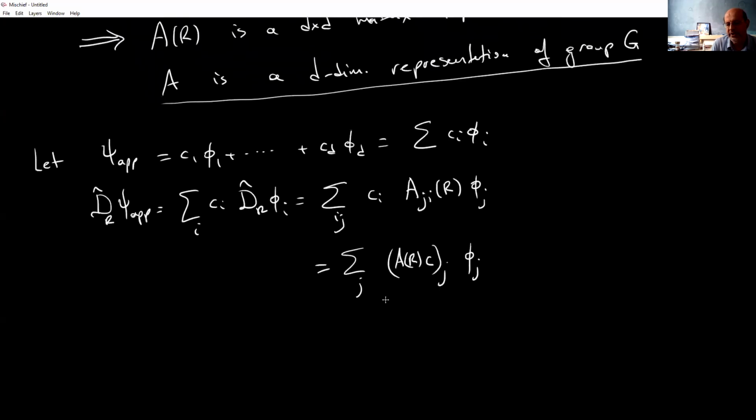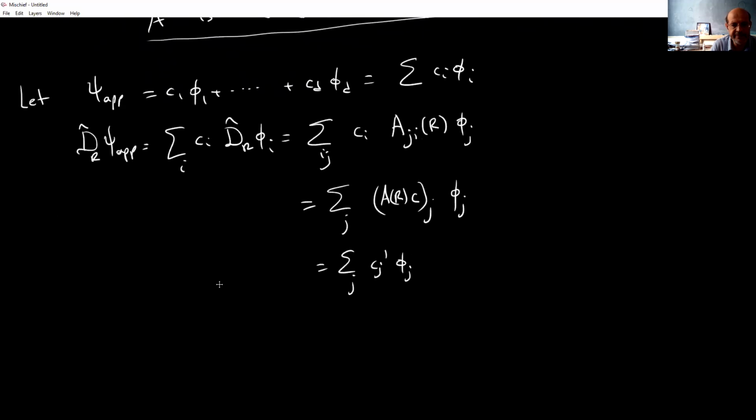So I'm just going to call this C_j prime phi_j. But C_j prime is basically these coefficients. So the operation converts the linear combination coefficients to a new set of coefficients where these representation matrices are the ones that do the transform.